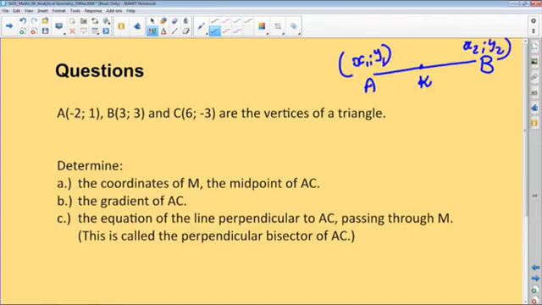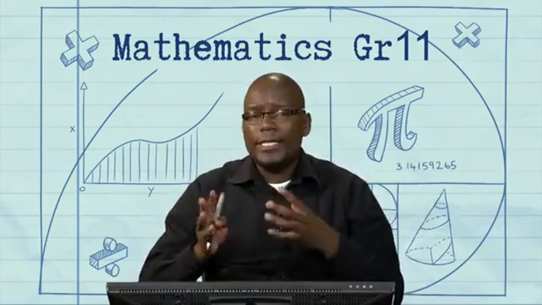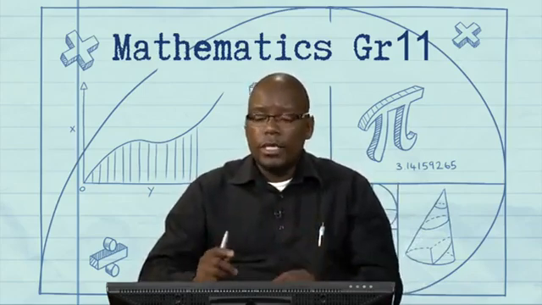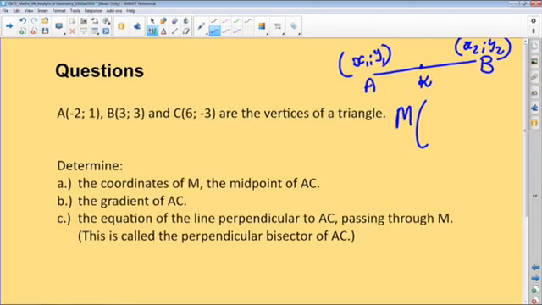So that point K is in the middle, right between A and B. Now, how do you work out the coordinates of that point? It's halfway through, so your midpoint is given by the average of the two: X1 plus X2 all over 2, Y1 plus Y2 all over 2.